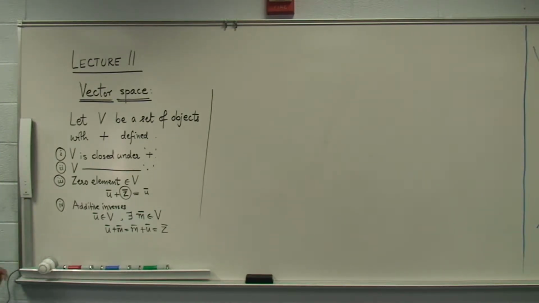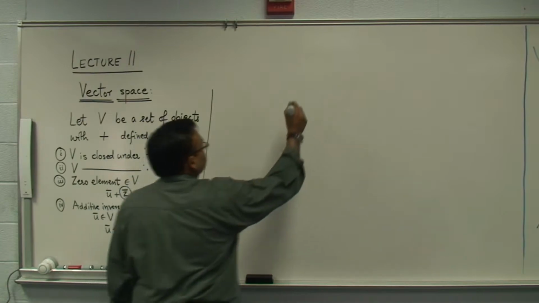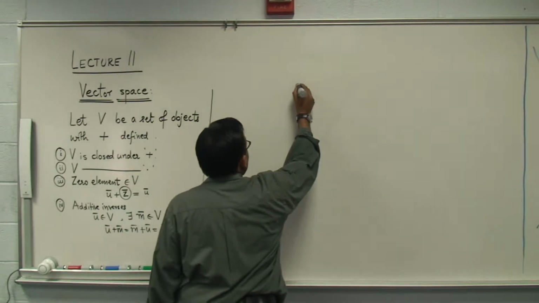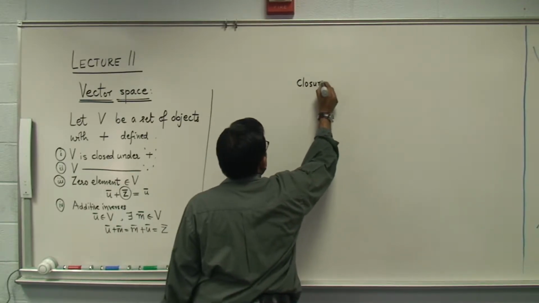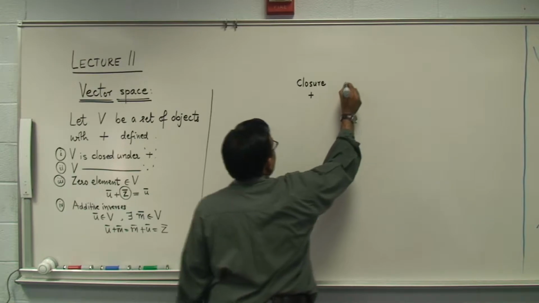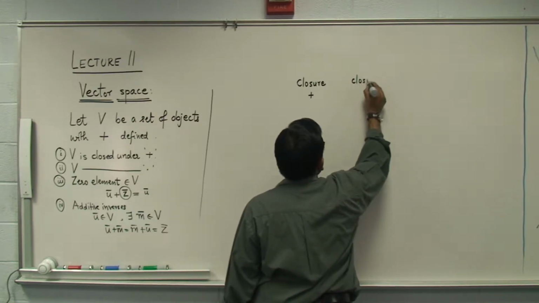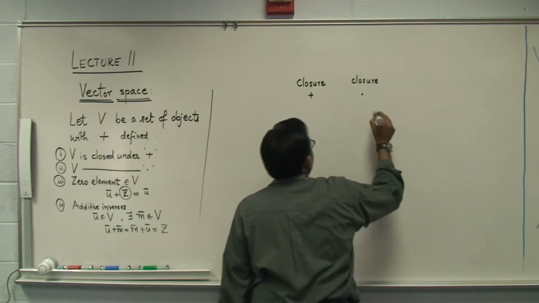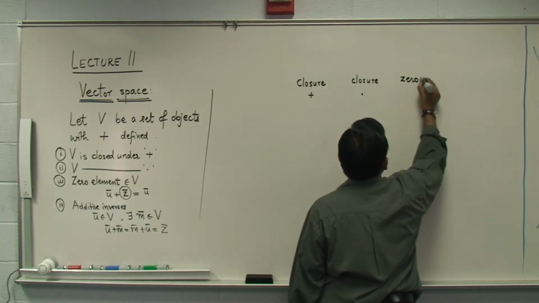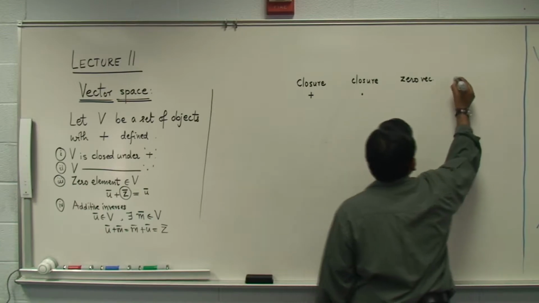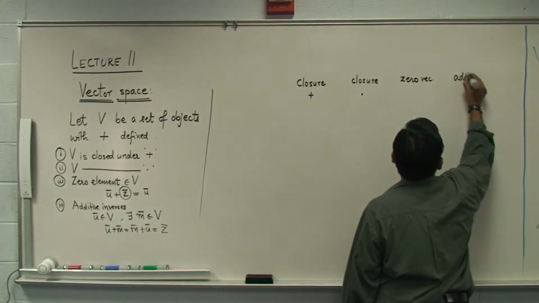Okay. So I'll take some cases and we'll see. Closure under addition, closure under multiplication by a scalar, the so-called zero element or zero vector, and the additive inverse.